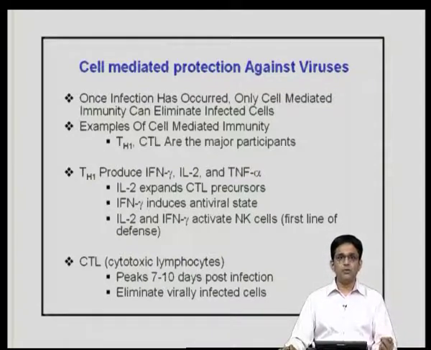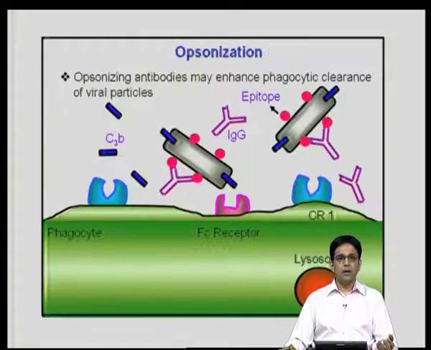On top of that, you have natural killer cells, because natural killer cells would kill the virally infected cells. What is also shown over here is that IL-2 is important, because once T cells are activated, they will produce IL-2, and IL-2 is important for expansion of CTL precursors and so on.